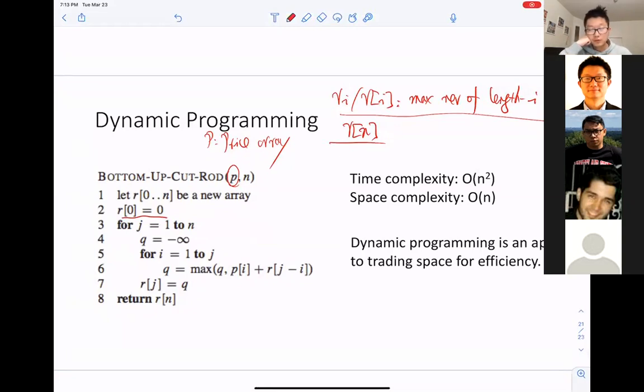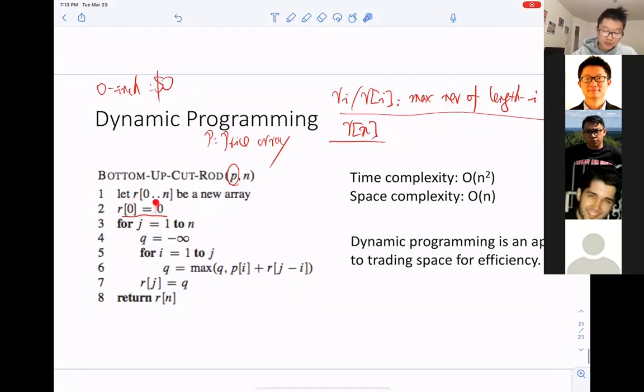If you have a rod of length 0 inch, how much money can you make from it? $0. So this is what we got from here. If you have a rod of length 0, you can only make $0 from it.